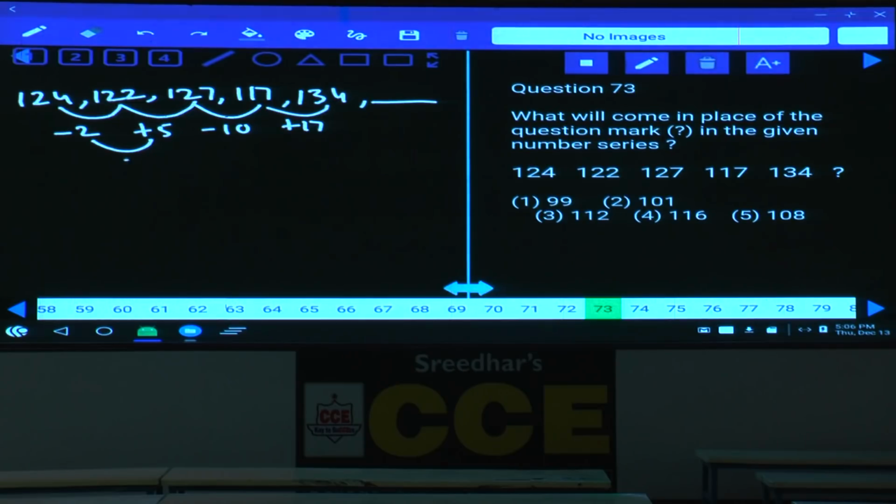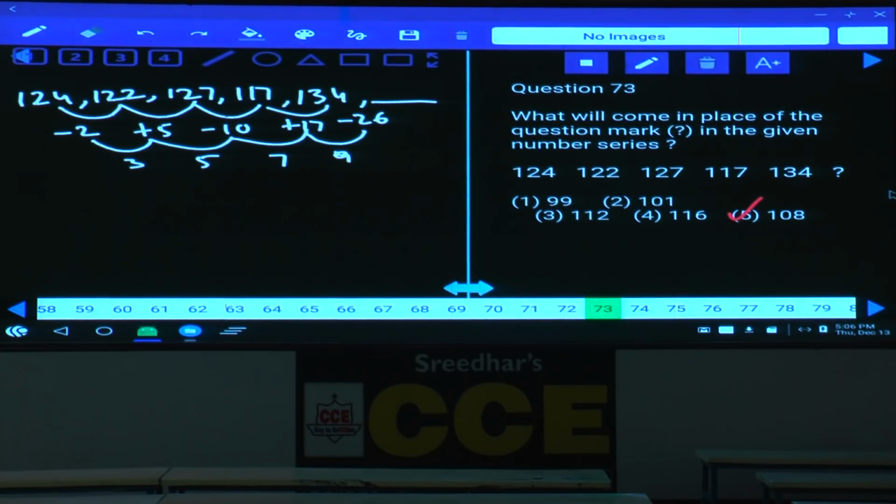The differences 2, 5, 10, 17 go up by 3, 5, 7, next one must be 9, so 17 plus 9 must be 26. Now this 26 should be subtracted. If you subtract 26 from 134, then what is the answer here? 134 minus 26, 108, choice 5. Clear now? Question number 73, choice 5 is the answer.